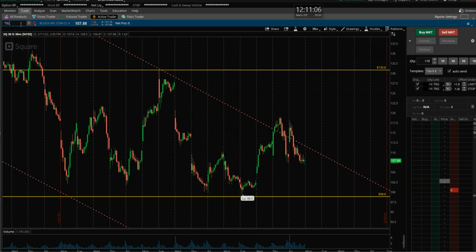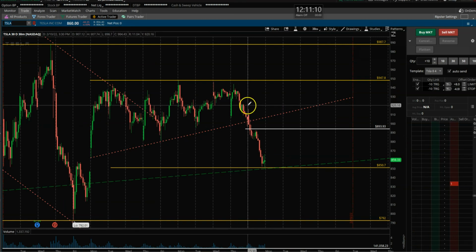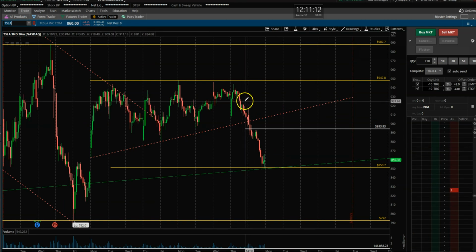For example, Tesla. Instead of shorting here at 9:45, your chart based risk at 9:30 would have only been 948, because once it goes above 948, it's going to try to break out, and that is my risk. I'm going to keep short here at 930 or even 925 or even 910, because it's breaking down, that's my short, and I'm going to target the lower level.